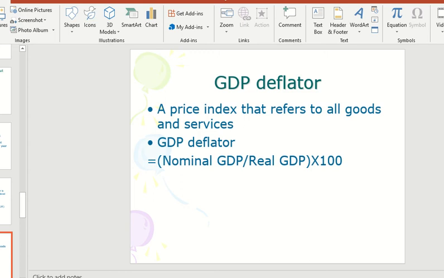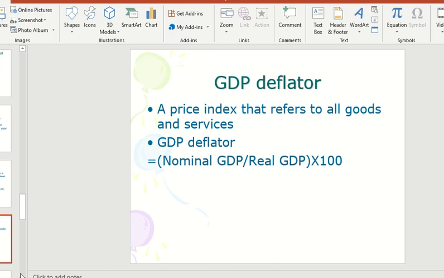The GDP deflator is simply the nominal GDP divided by the real GDP, and then multiplied by 100. By the way, it's not 100%, because this is an index, so there is no unit.